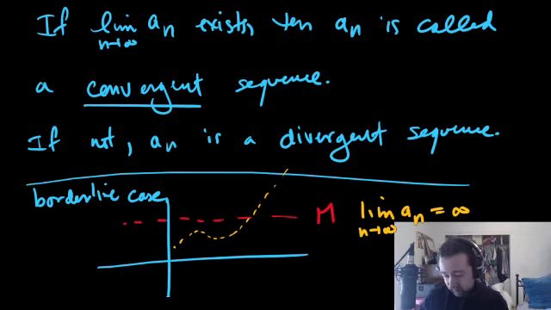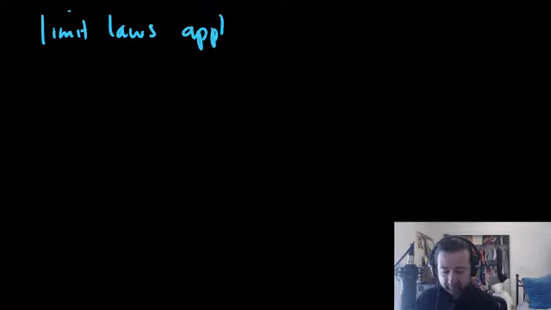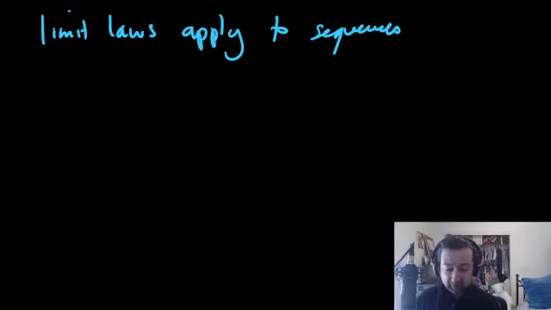Okay, now the reason that we care about having limits and these explicit formulas is because as soon as you have limits, you can use all the limit rules we already know. If we think about limits of sequences, we're allowed to use all of our limit laws. Limit laws apply to sequences, even the most useful one of all because of the existence of a theorem.